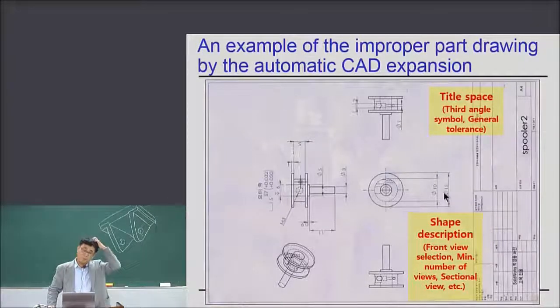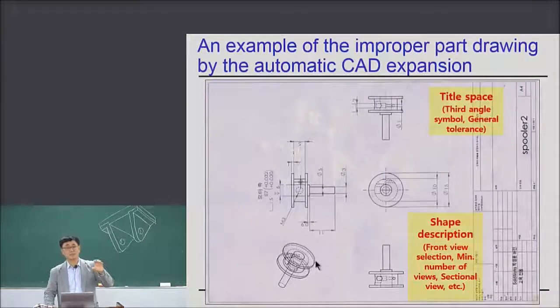Now, what is the first step to make a part drawing? The first step is to select the proper front view. The shape of this part is like a cola can, a Coke can, a long cylinder. Then which is the front view for a long cylinder?